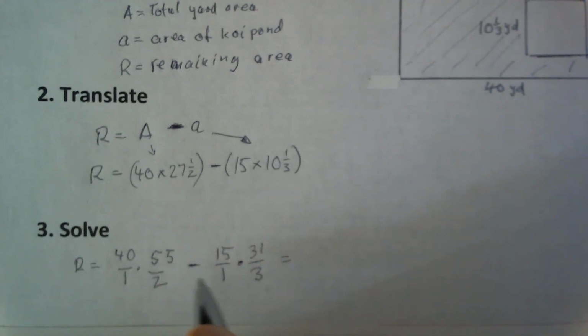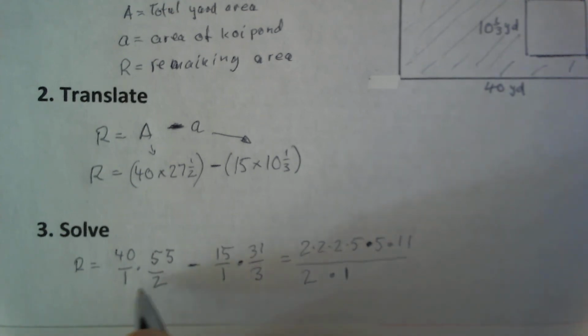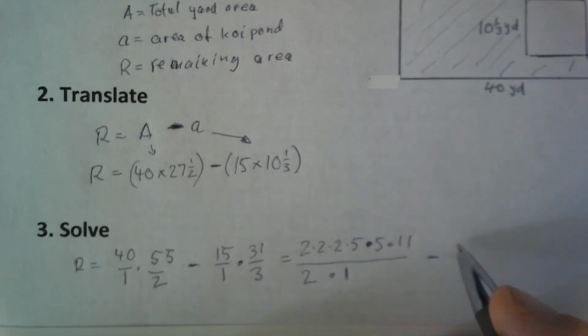So 40 is 2 times 2 times 2 times 5, times 55, which is 5 times 11, divided by 2 times 1, minus, now 15 we factor as 3 times 5, and 31 is a prime number, so we cannot factor that, divided by 3, or 1 times 3.